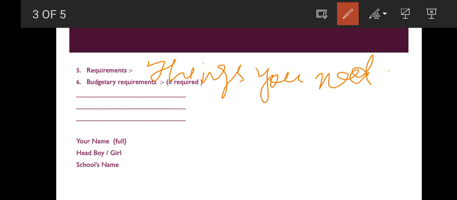These all things are required for the drawing competition. That's it. Requirements are those things which are required for the particular thing. Like for a dance competition, you need good attires, a stage, music, and some more accessories for the girls and for boys too. So these things should be there. There should be 1 or 2 lines for requirements.